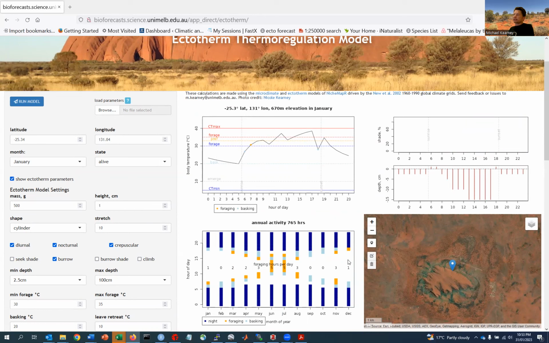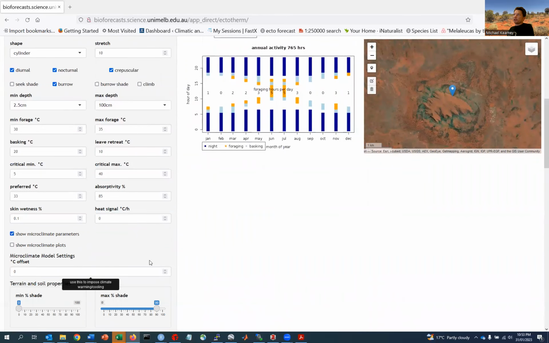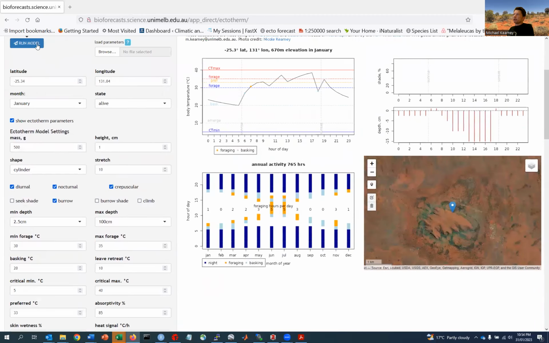If it didn't have access to shade, it's spending most of its time hiding in its burrow, getting out of the heat. And you can very quickly ask what would happen if we go to the microclimate parameters. How much would the activity be constrained if we also made it, say, 3 degrees warmer? So it's currently 765 hours. If we run the model again with it warmer, in fact it only decreases by a couple of hours because it expands its activity into the evening.